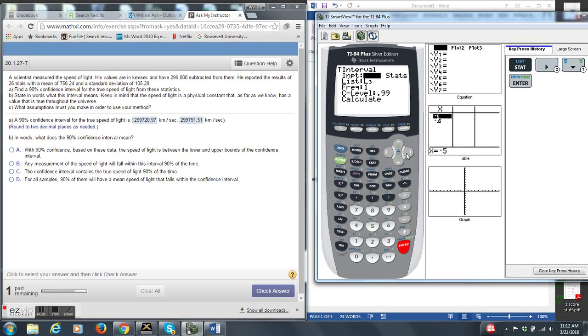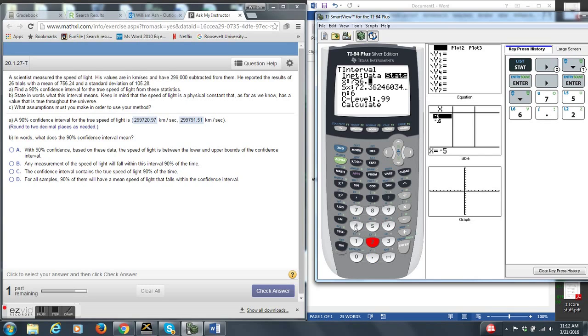They gave me the stats. I type in the X bar they told me was 756.24. The S they told me was 105.28. And my n was 26.